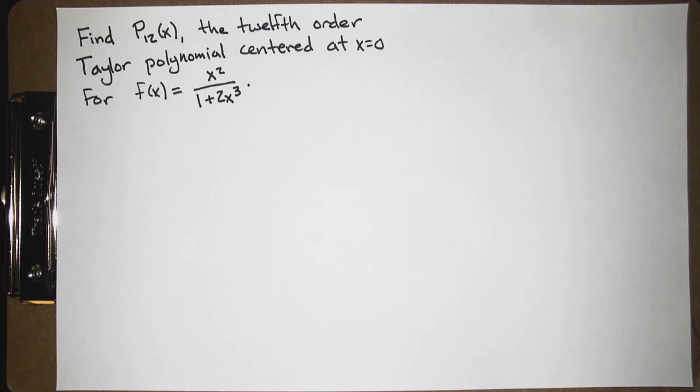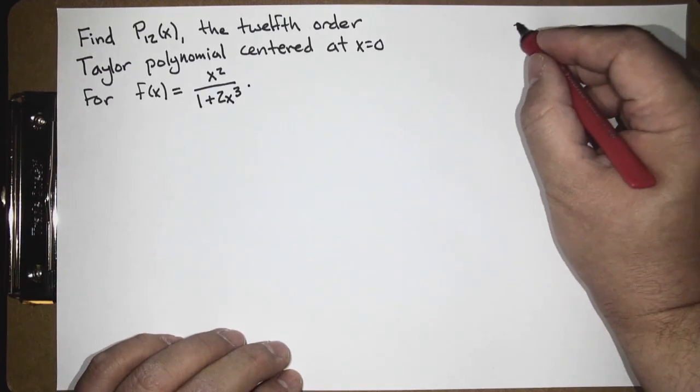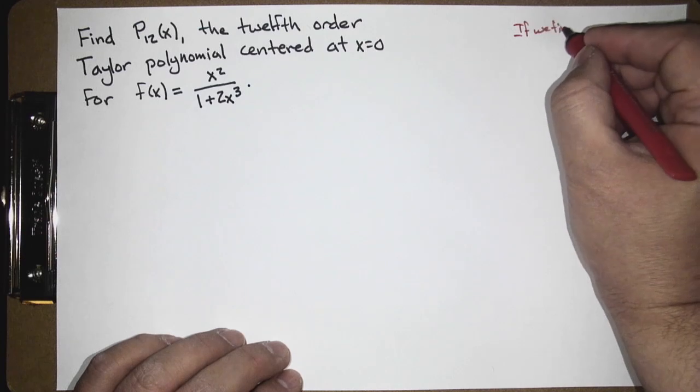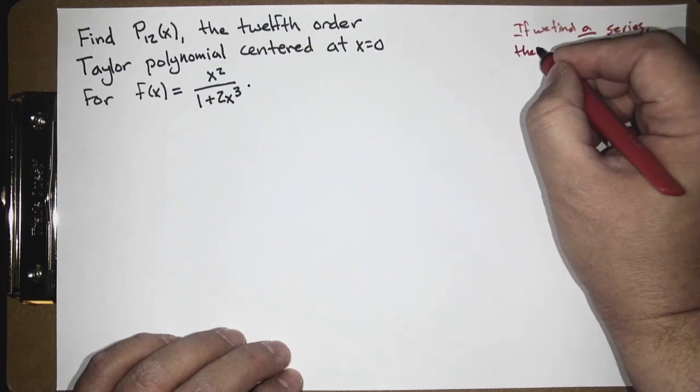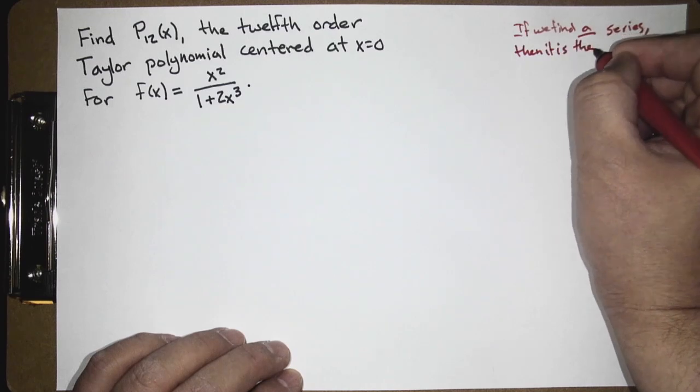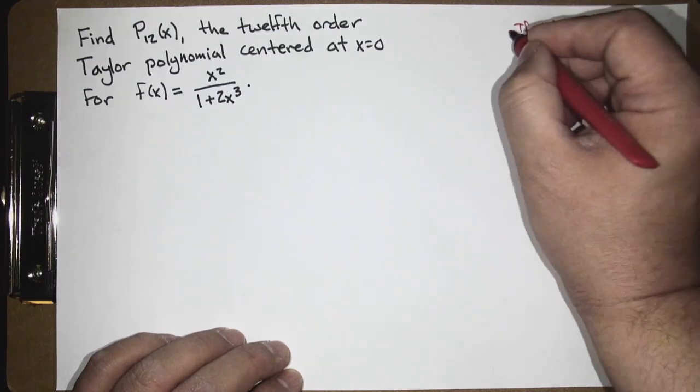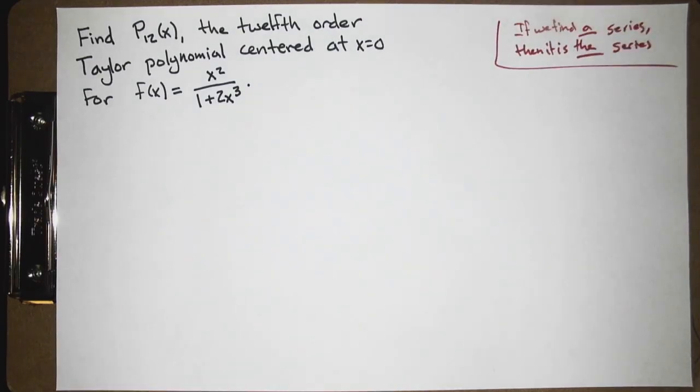But now, we made an observation. And I'll just make a note of it here again, which is if we find a series, then it is the series. So if we can find a way to represent this as a series, then we have found the series. Okay, so now we look at our expression and say, does this remind us of any particular one of our series?